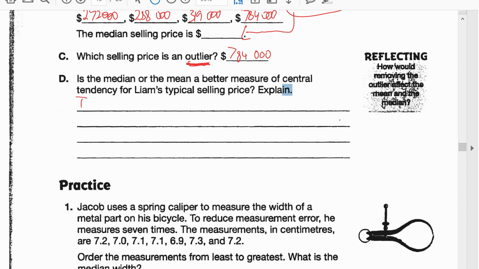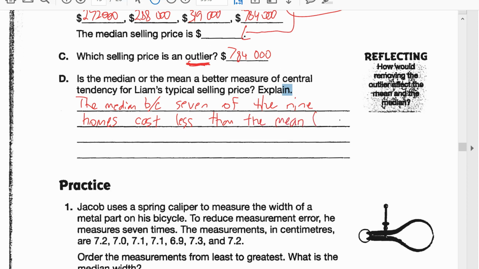The median, because 7 of the 9 homes cost less than the mean.